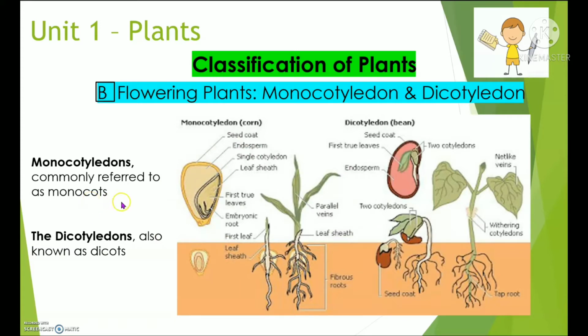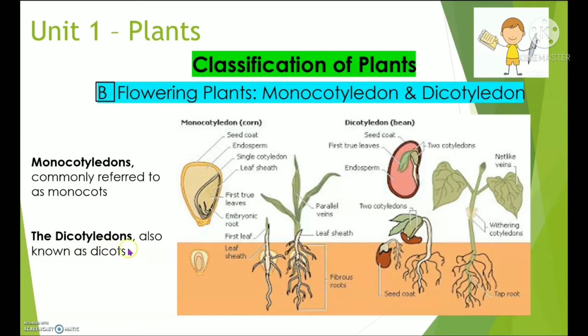The second classification of a flowering plant is called dicotyledons. Everybody repeat after me. Dicotyledons. Very good.